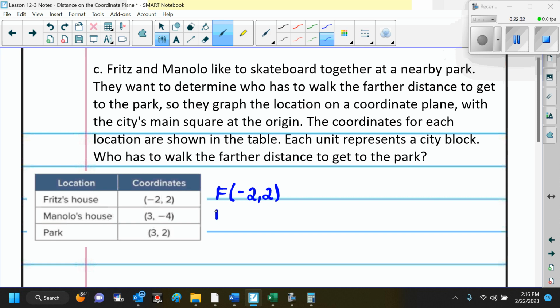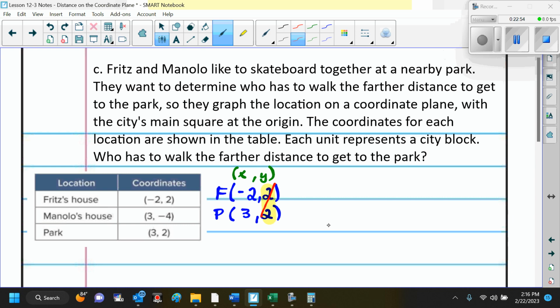And then the park, P, is at 3, comma 2. Okay? And again, this is X, comma Y. Now, you can see that the Y values are the same. So we're going to use the X values to calculate.